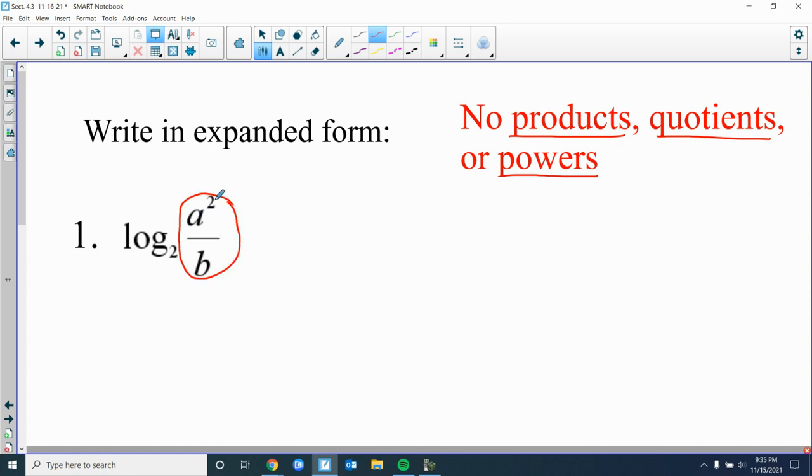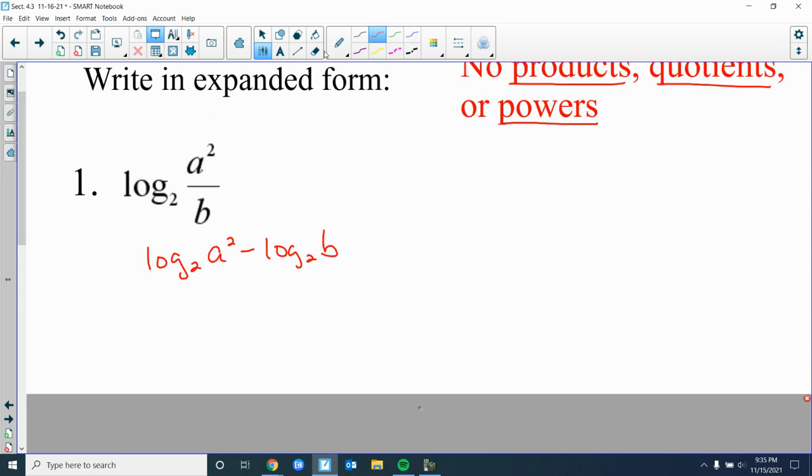So right there, we got a couple of things. I got a power and I have a quotient. I can't have either. Okay, so we got to expand this to get rid of those. All right, we're going to use quotient property first because this 2 is only applied to the a, not the whole thing. So this is going to become the log base 2 of a squared minus the log base 2 of b.